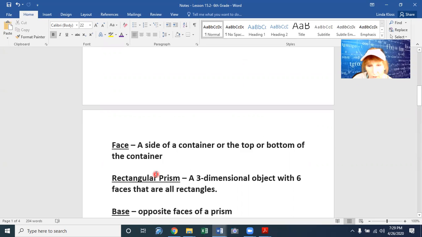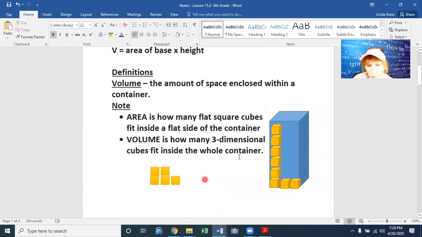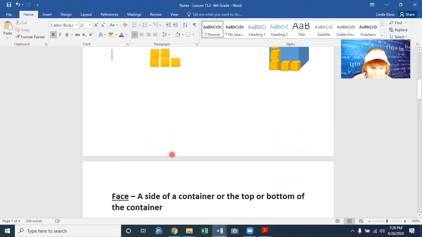So if I go back up here for a minute, we know that this top and this bottom that you can't see are bases because they're opposite of each other. This right side and the left side that you can't see, those are also bases because they're opposite of each other. And you could also say this front piece here and then the back piece that you can't see. Those two are bases because they are opposite of each other.